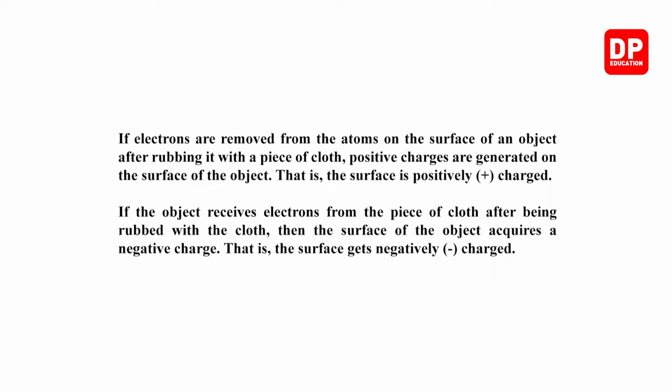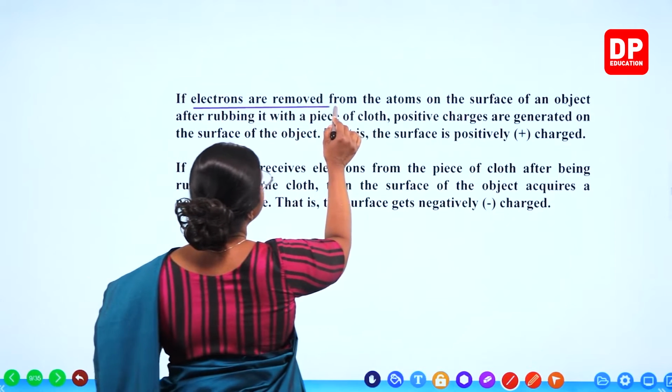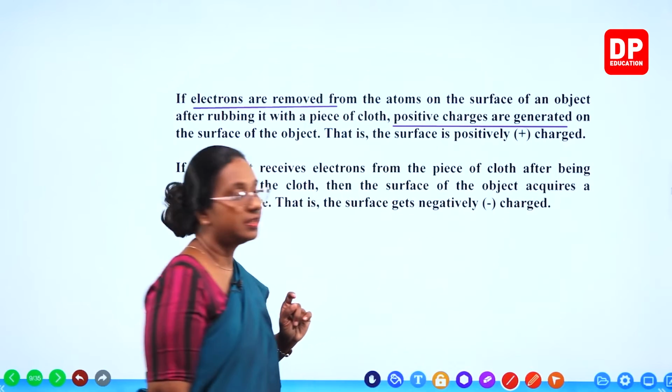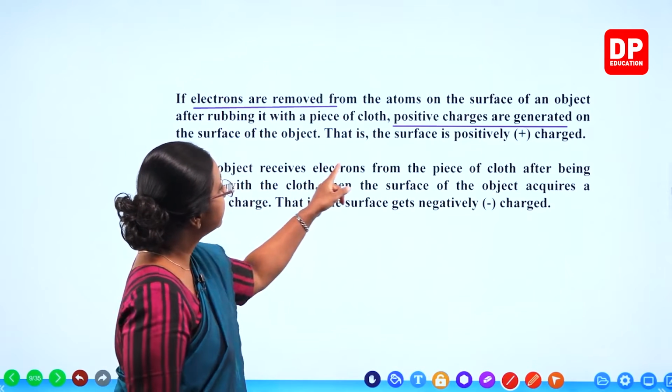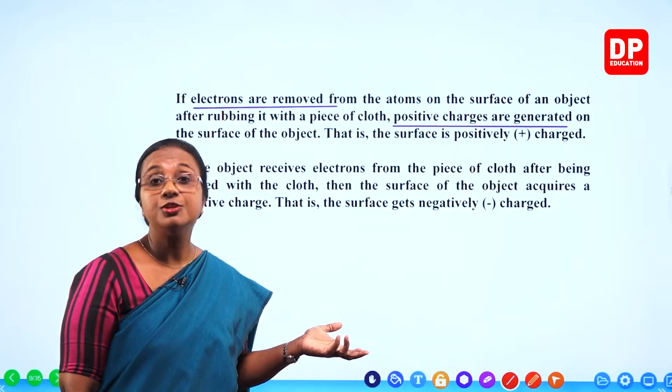If electrons are removed from the atoms on the surface of an object after rubbing it with a piece of cloth, positive charges are generated on the surface of the object. So here, if electrons are removed, then positive charges are generated. That is, the surface is positively charged, like the straw.